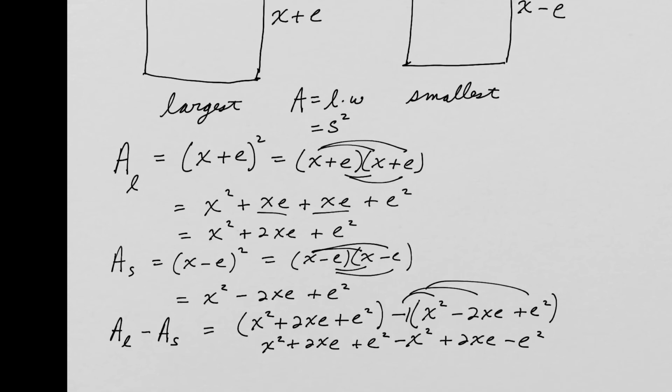Now look what happens when we combine like terms. X squared is going to cancel with negative x squared. That's gone. E squared is going to cancel with negative e squared. And then what's 2xe plus 2xe? It's 4xe. And that's my answer. So the answer to that question is 4xe. It seems very abstract, right?